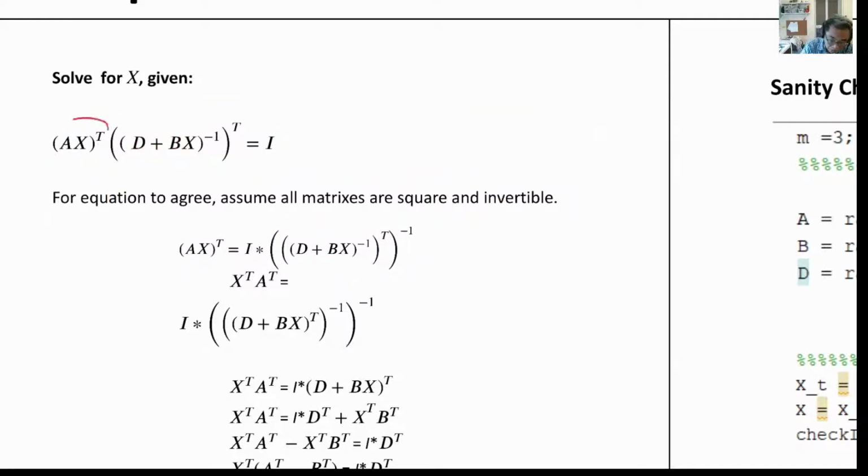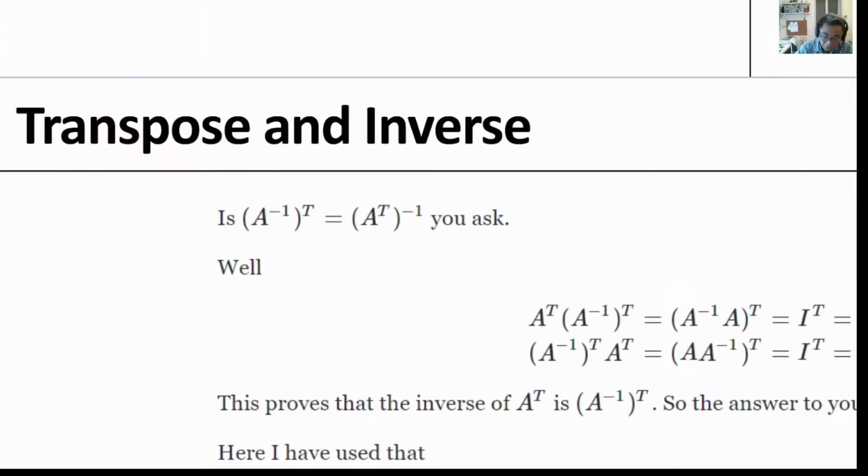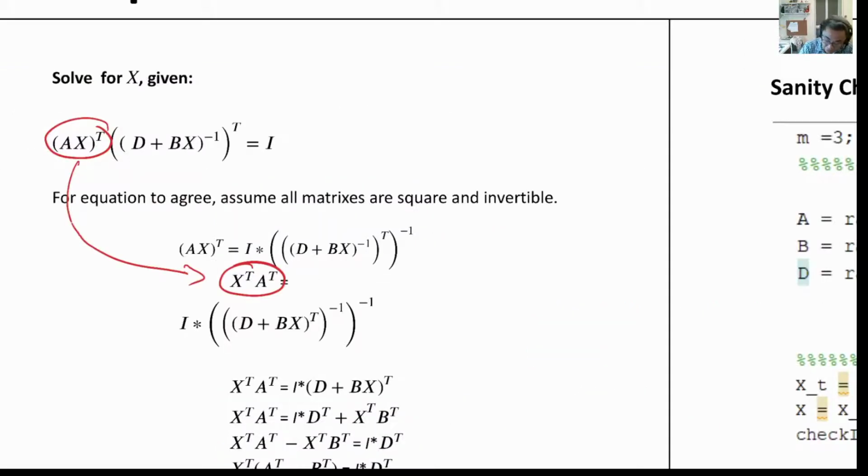We proceed to operate on (AX) transpose using the property of transpose. We have X transpose A transpose on the left hand side now. Using this relationship, A inverse transpose equals A transpose inverse, we now interchange this.